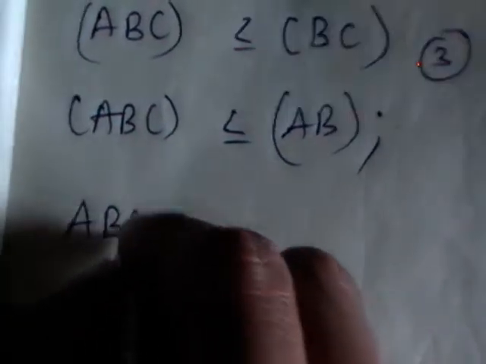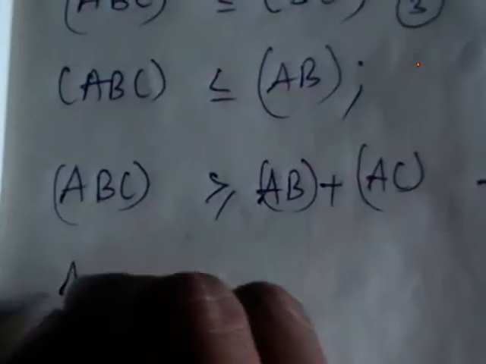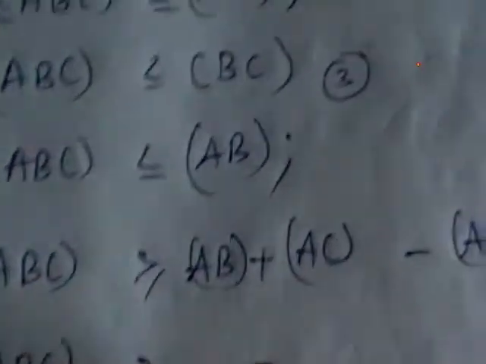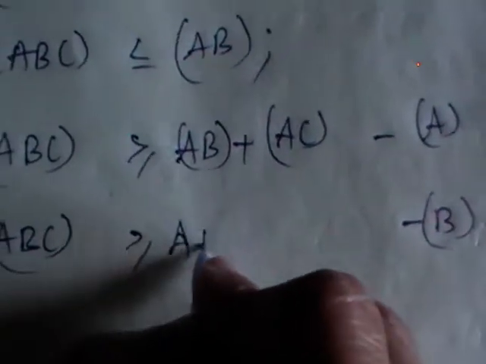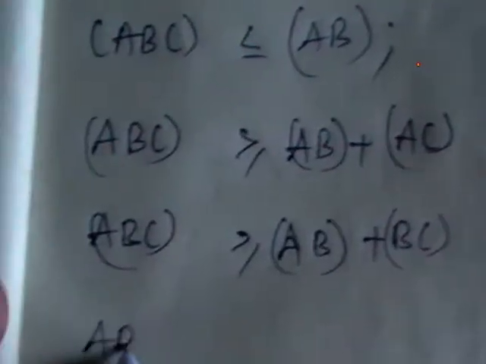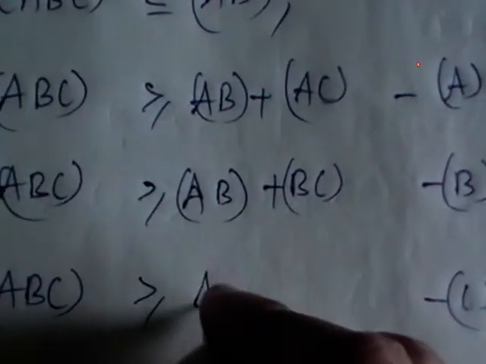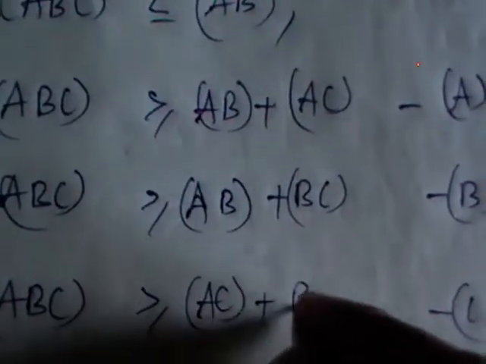These are one condition on this, 3 on this, 3 on the combination of both. How do you write those? ABC greater than or equal to AB plus AC minus A. Again ABC, if you want to write with B, AB plus BC minus B. Minus C, AC plus BC.